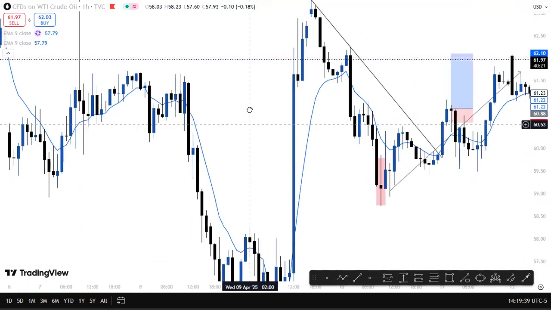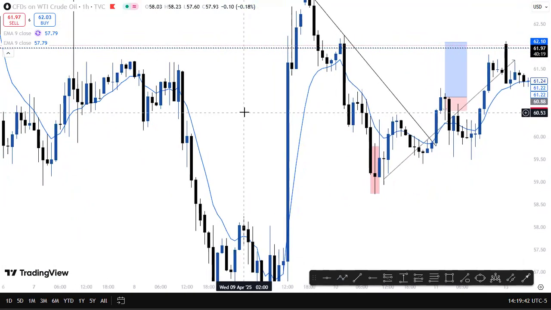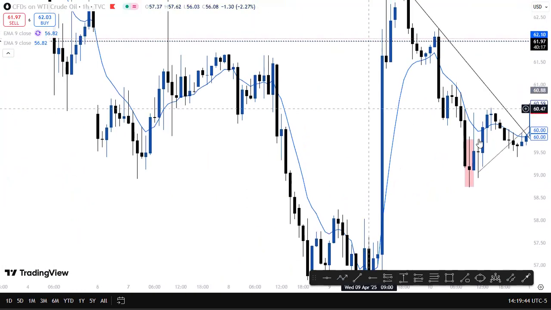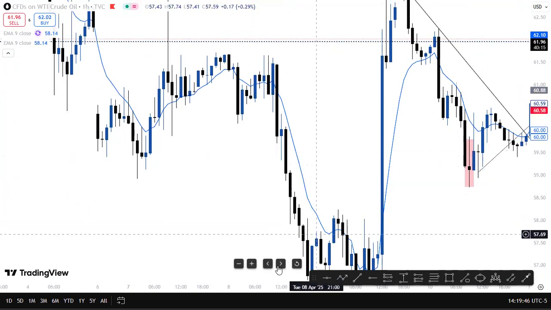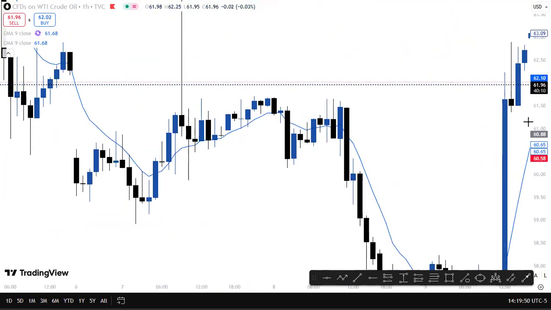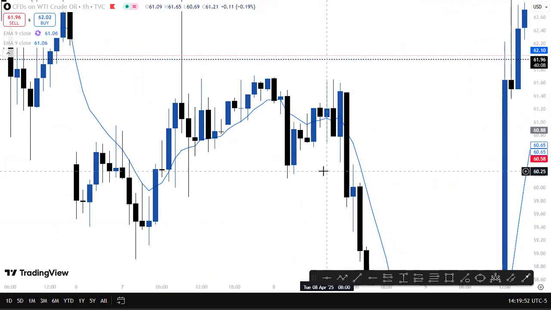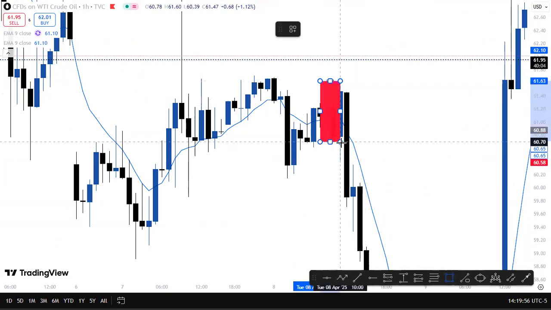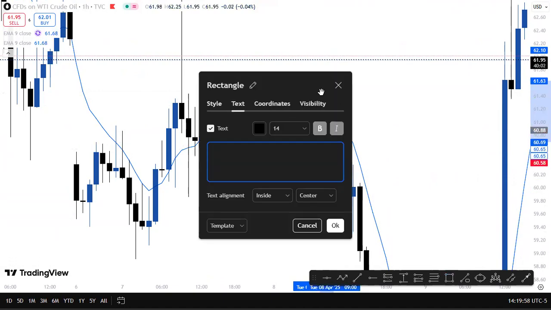Same thing with the bullish doji. When it happens, it's also a signal. Let me use this one as an example of a bullish doji.